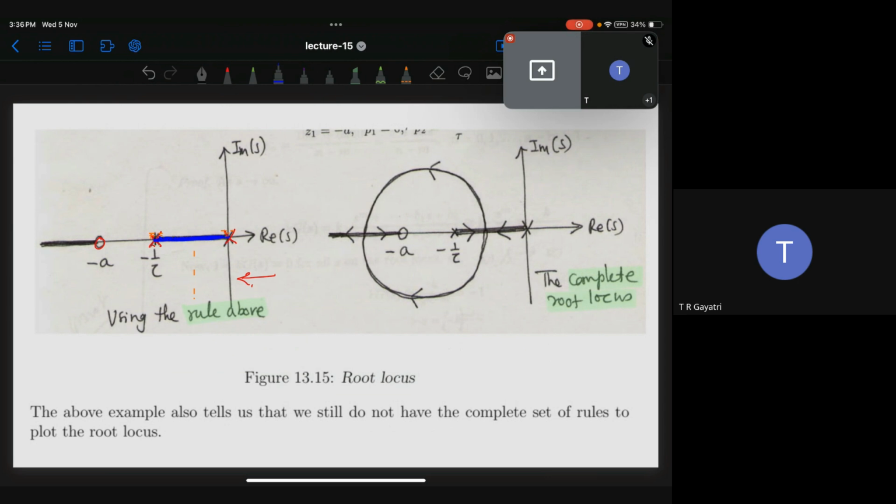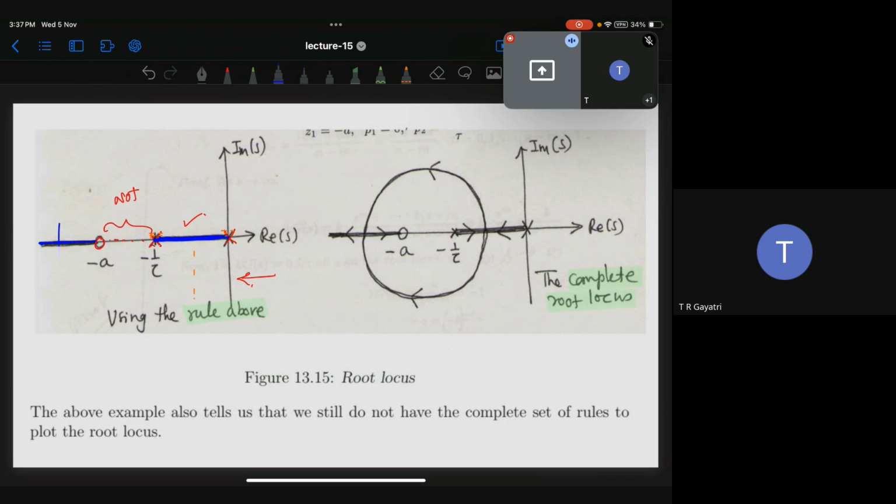Now if you are here on the right side, you will see only two poles, which is an even number. Yes, sir. So obviously this is not part of the root locus, whereas this is on the root locus. Now this segment will be on the root locus.